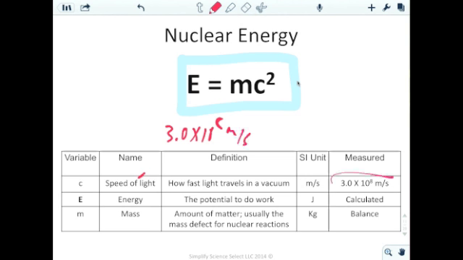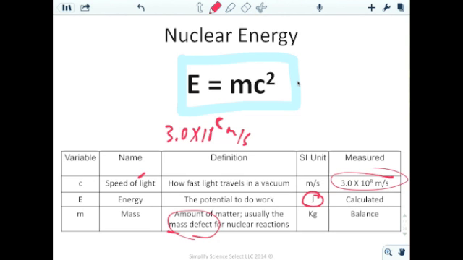E is energy, which is the potential to do work, measured in joules. And m is mass, the amount of matter, usually the mass deficit or defect for nuclear reactions, measured in kilograms.